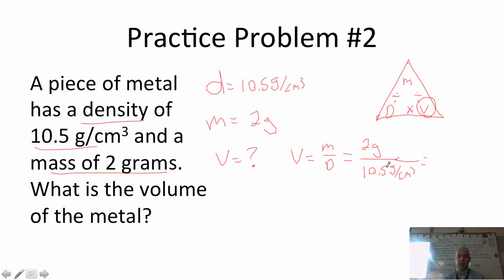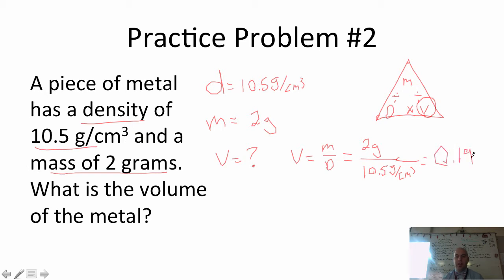What'd you get? 5.25. Is that 2 divided by 10.5? That's the other way around. You have to do the 2 on the top because the mass is on the top. It's like 0.1.